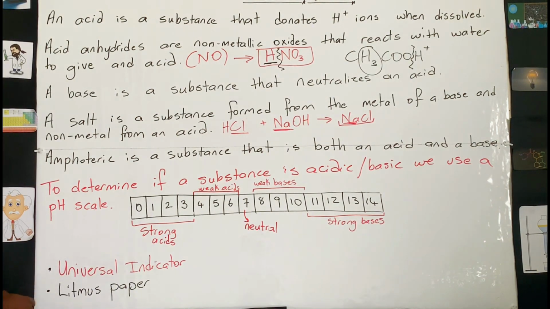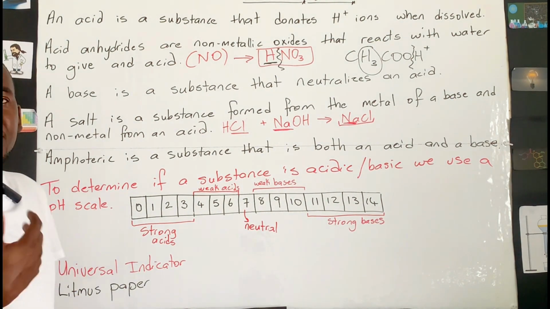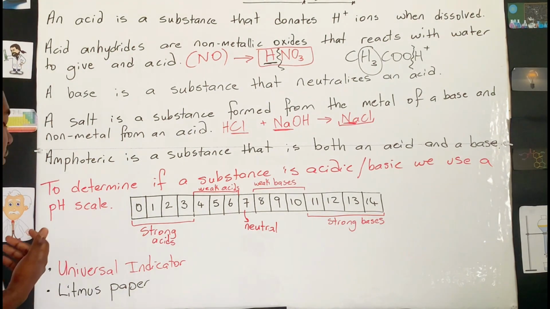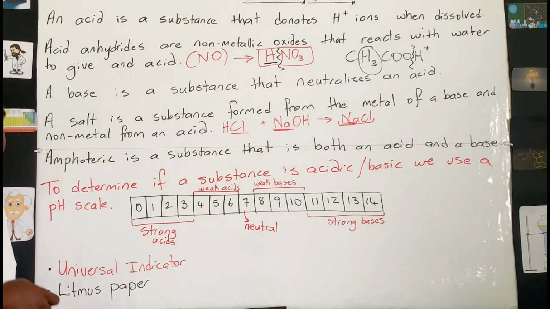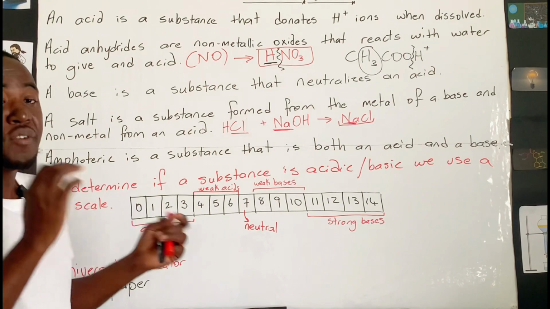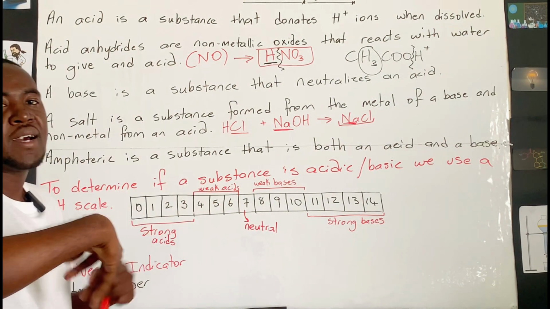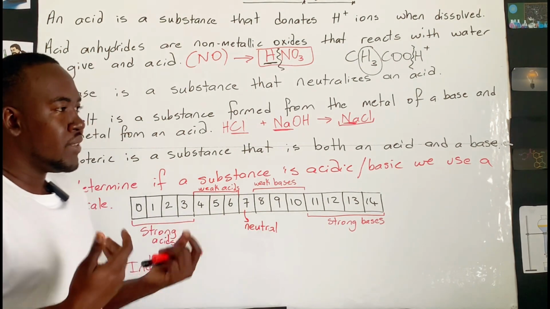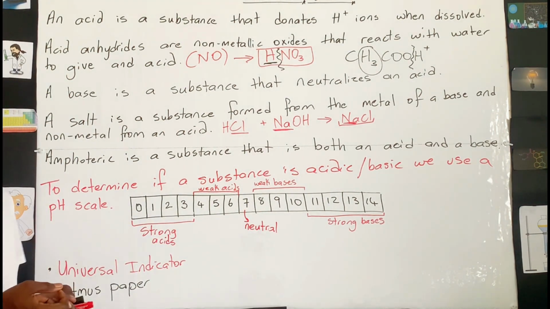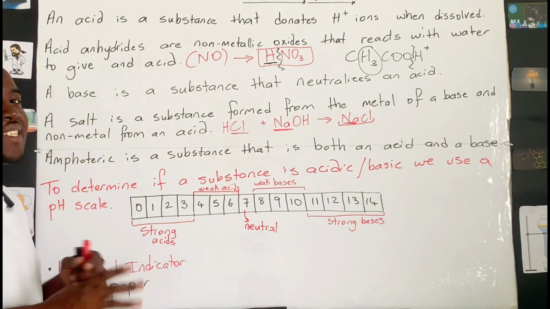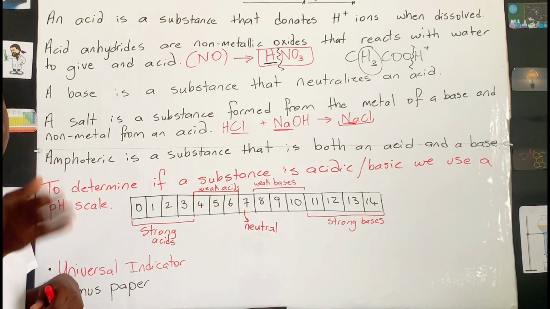Then we have a simpler way, which is the one we normally use primarily at the CSEC level, the litmus paper. The litmus paper is just a strip of paper that we dip into a substance and it changes color. This one has its limitations. It can only change color to blue or red.